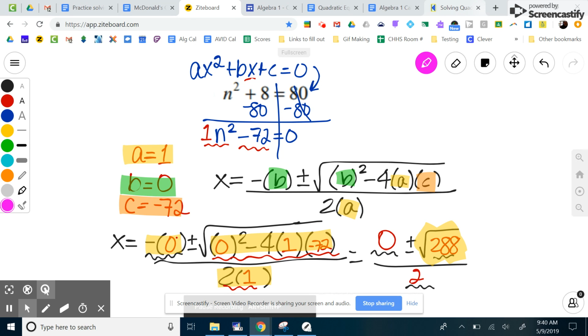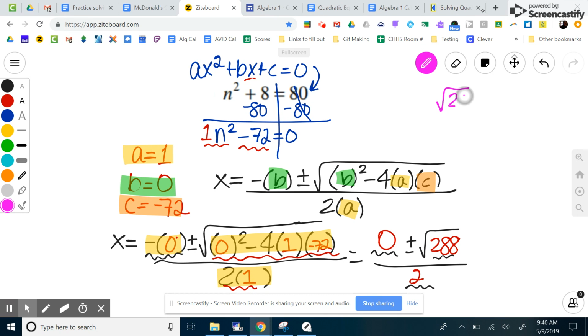So 288 lies between the square root of 289 and the square root of 256. So the square root of 288 falls between them.